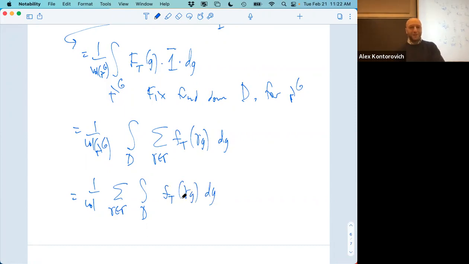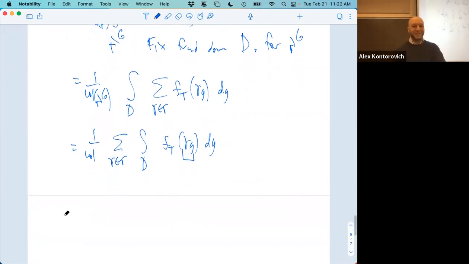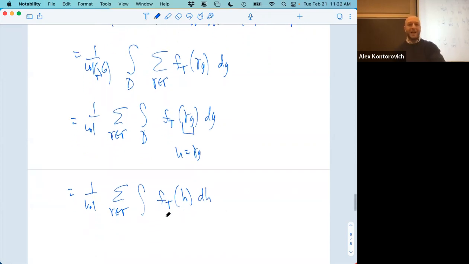Then what will I do to this? I'll make a change of variables. How many times have we done this calculation? So instead of f of t of G, let's say H is equal to gamma G, dg is dH, that's invariant. And instead of running over D, now I have to run over gamma D because of invariant Haar measure.